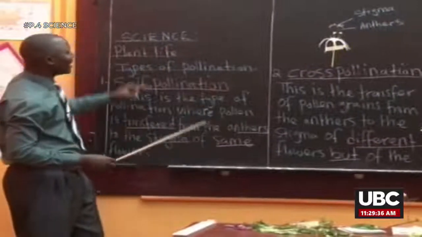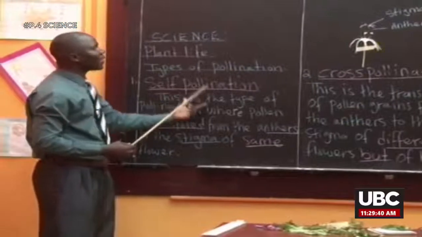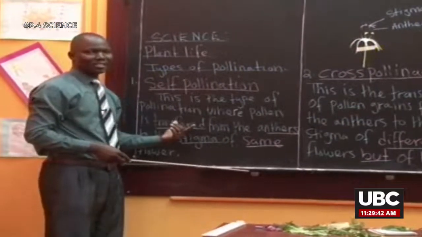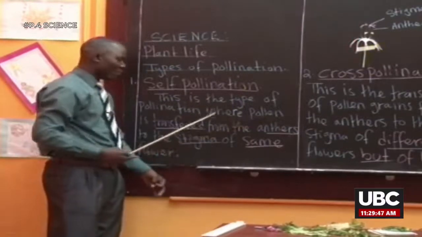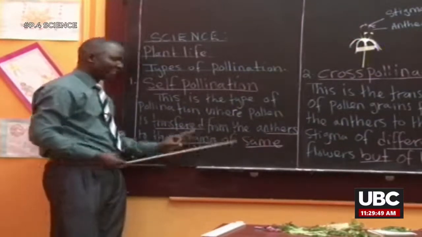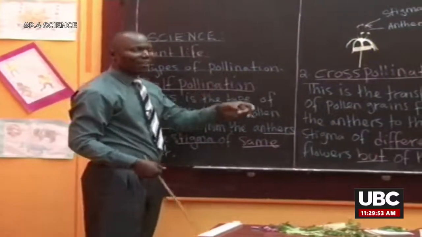So children, briefly, what have we learned today? We have said we are looking at types of pollination, and the first one is called self-pollination. That involves the transfer of pollen from anthers to the stigma of the same flower.